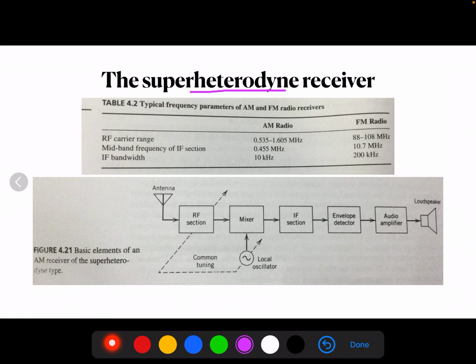It overcomes the difficulty of building a tunable high quality filter, and its application is mainly in the field of analog radio and TV receivers. This is how a simple block diagram of an AM receiver looks. You have an antenna, RF section, mixer, IF section, envelope detector, audio amplifier, loudspeaker, and we have a local oscillator.